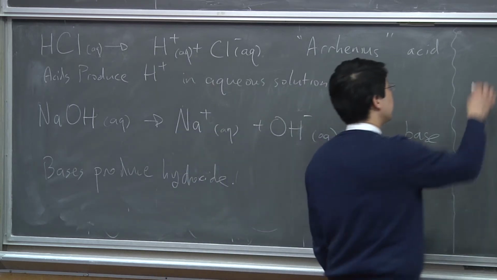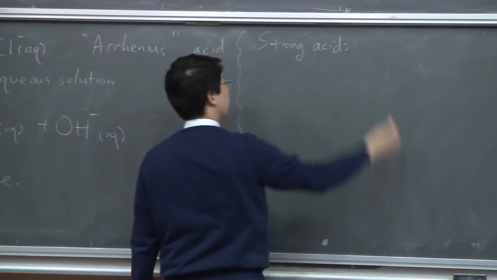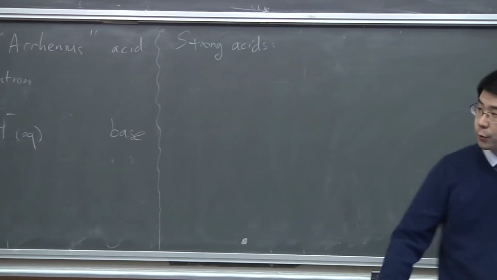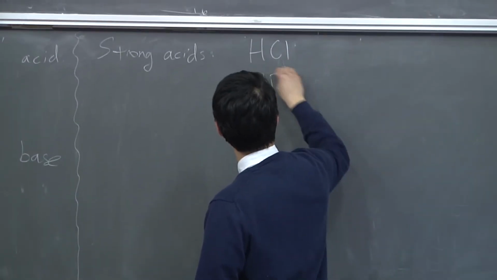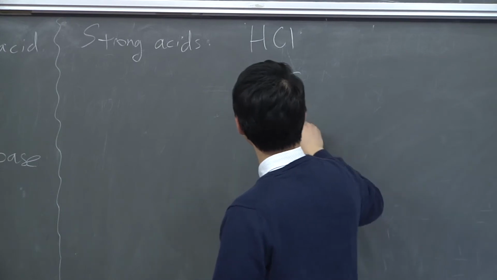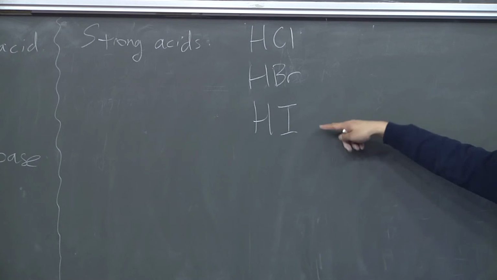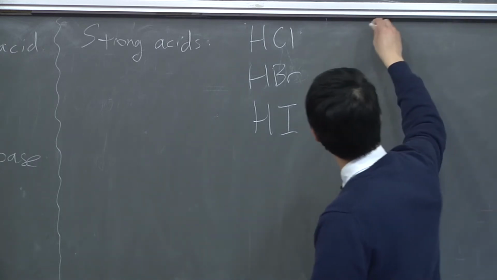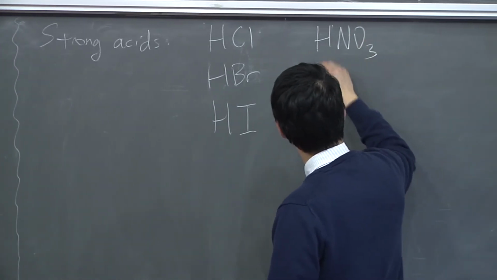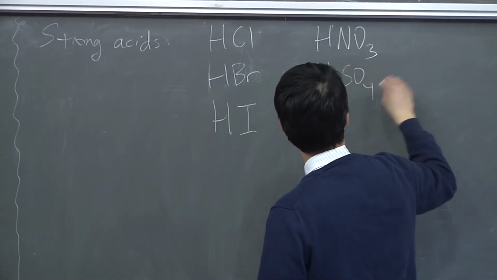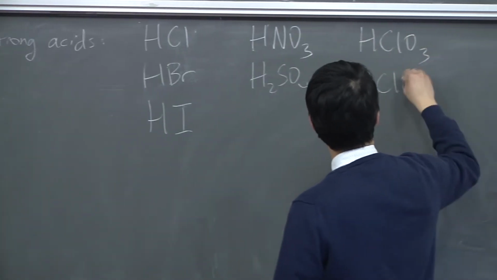And so strong acids, there's a few of them, and you kind of need to know what they are, and it's pretty easy to know what they are. HCl, HBr, HI. So if you remember from your naming compounds, that's hydrochloric, hydrobromic, and hydroiodic acid. HNO3, H2SO4, HClO3, HClO4.